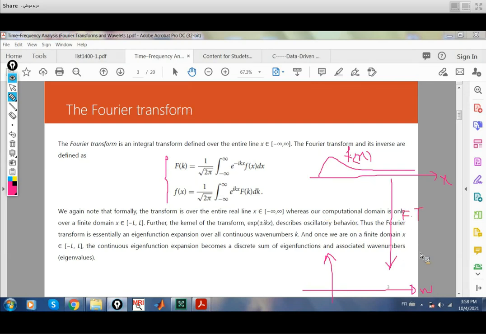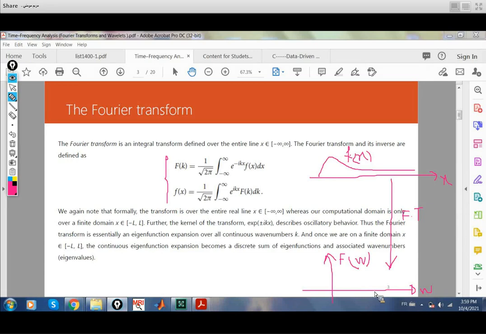And why do we use the Fourier Transform? What are the advantages of the Fourier Transform? Because sometimes in image processing, in signal processing, the information of frequency is better presented in Fourier space.